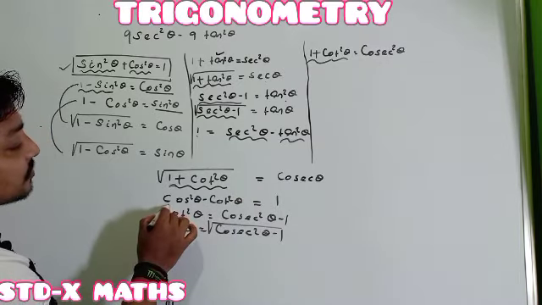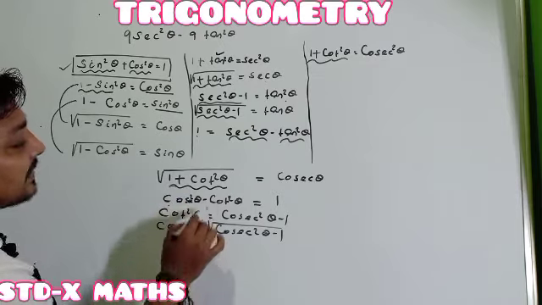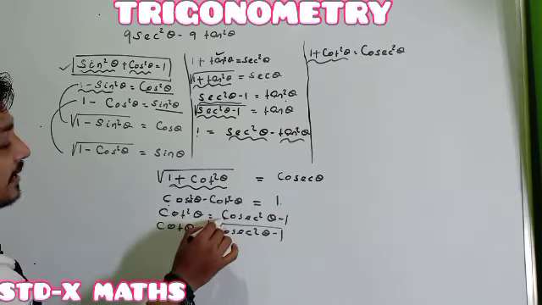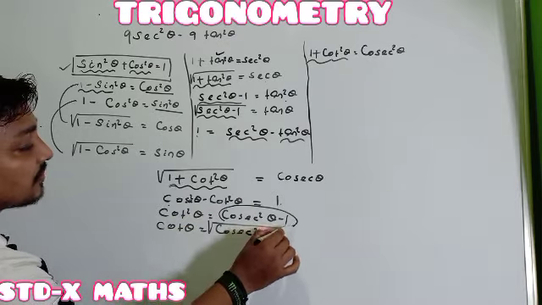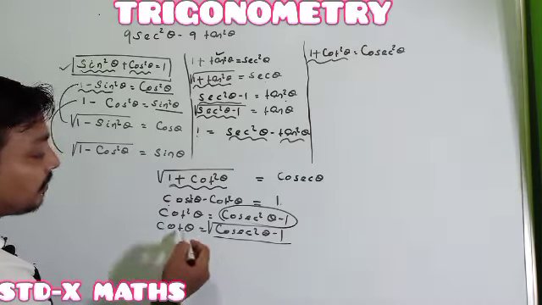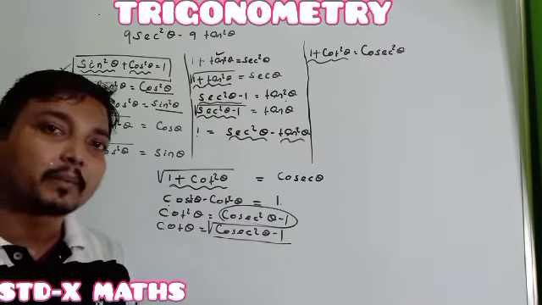And cosec square theta minus cot square theta, the result is 1. Here cot square theta, you have to put on behalf of cosec square theta minus 1. And whenever you get the root of cosec square theta minus 1, don't miss the chance of putting it as cot theta. Perfectly understood?